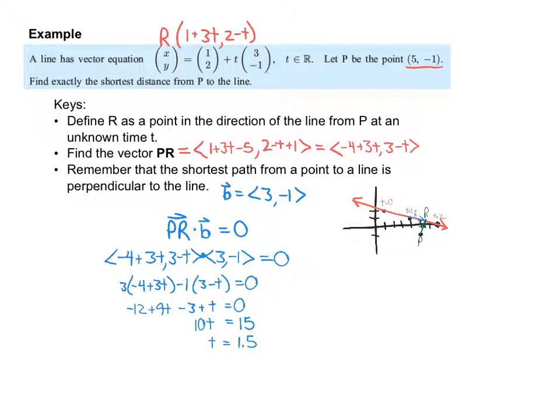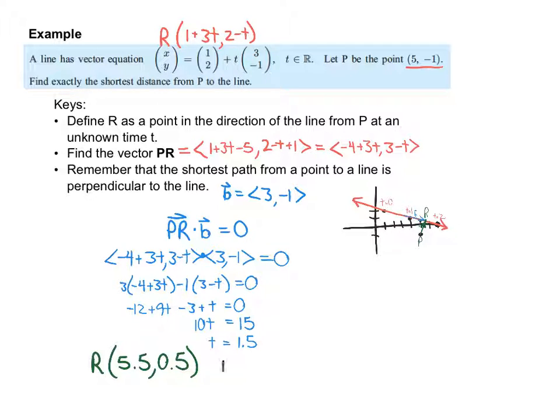The only thing we have to do at this point is make sure that we actually answer the question. So we could do a number of different things. If t is 1.5, R is going to be the point 1 plus 4.5, so that's 5.5, and 2 minus 1.5. So that's the point 5.5, 1/2.